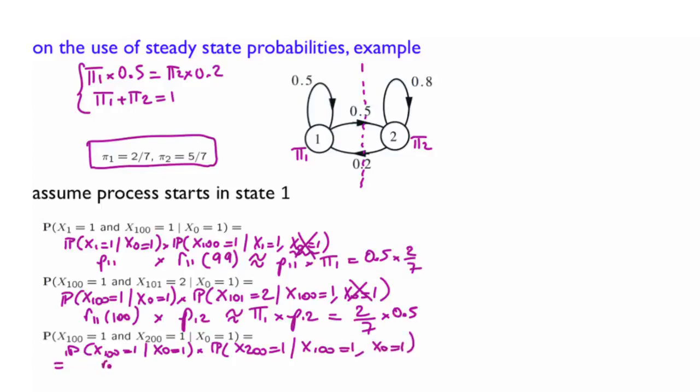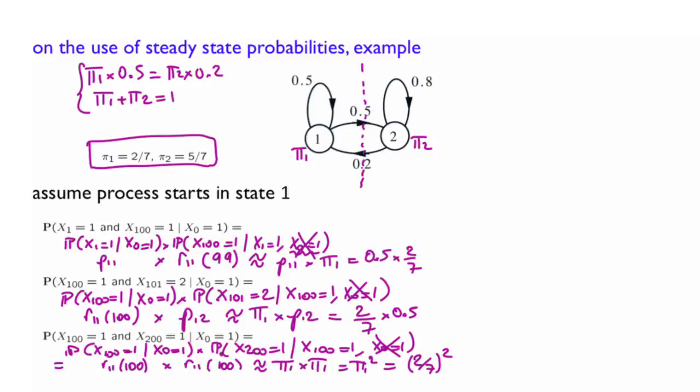Again, this is r11 of 100, and this one, for the same reason as before, we can forget this term. From 100 to 200 you have 100 time steps, r11 of 100, and 100 is big enough, so we're going to approximate both by the same values, and we get pi 1 squared, which is 2 over 7 squared.